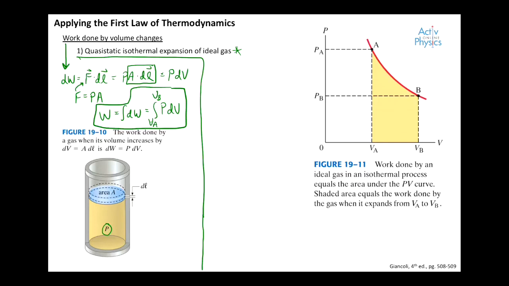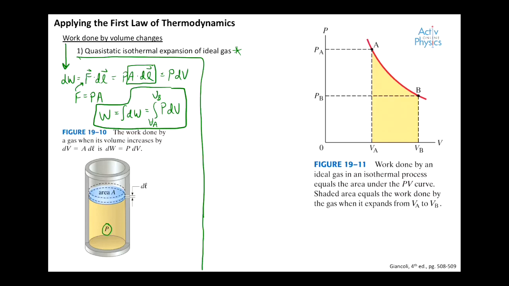How many times can I do this? Each one of those P's and V's is a static case, but we say it's quasi-static because over a period of time, clearly there's a change. It's not a static situation. It's just made up of a bunch of individual static conditions.